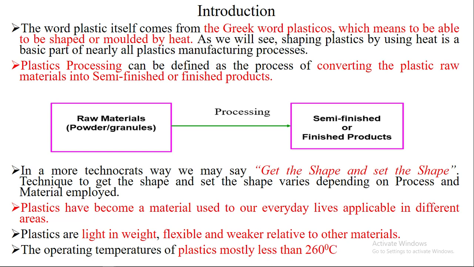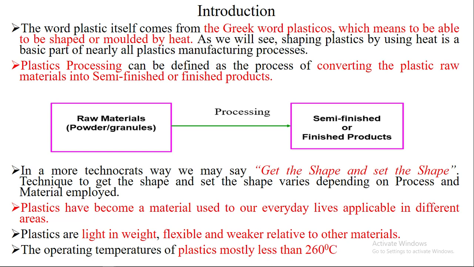That heat is used for changing some mechanical properties of the plastic materials. As we will see, shaping plastics by using heat is a basic part of nearly all plastic manufacturing processes.